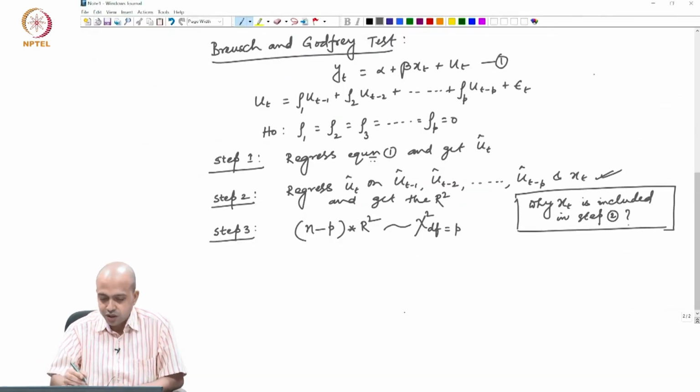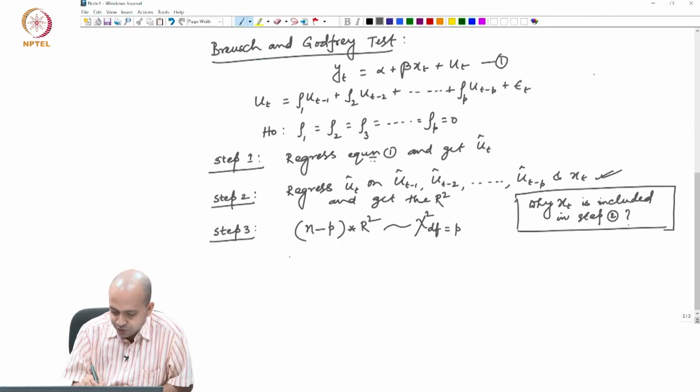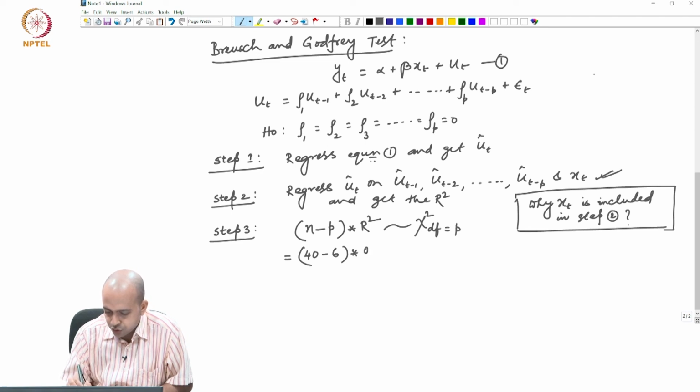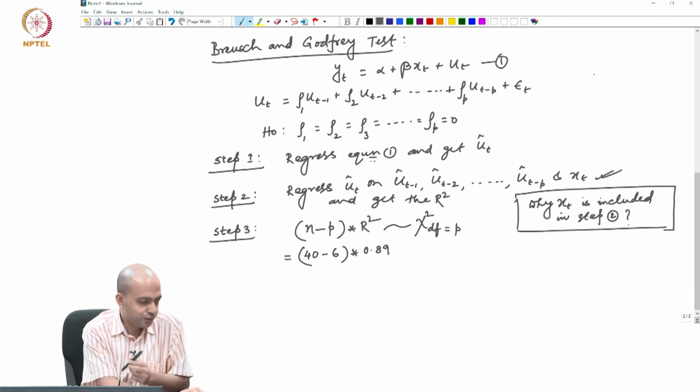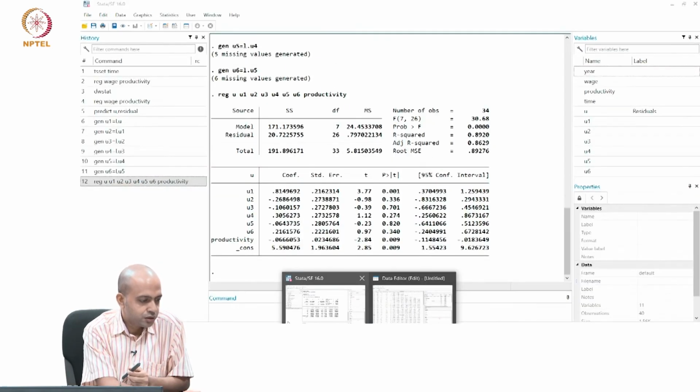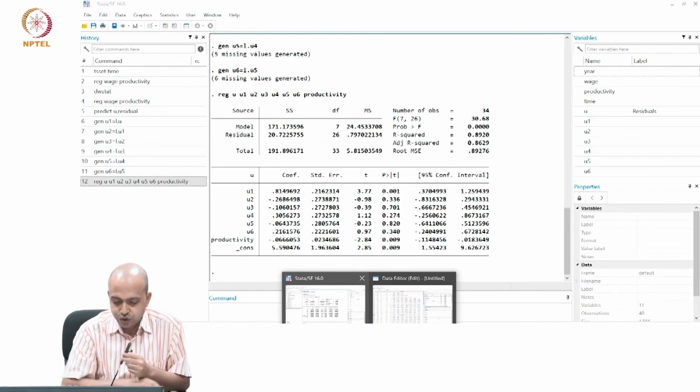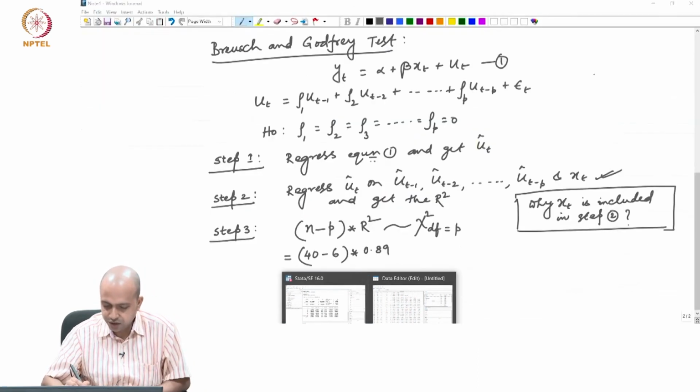So, n minus p is basically n equals 40, p equals 6, so that is 34. That should be multiplied by 0.8920.